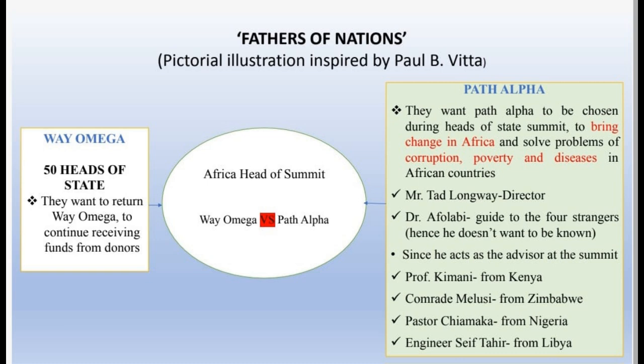Take, for instance, Comrade Medusi. If you have read the text, he helped the then Zimbabwe president before he became president. He campaigned for him, but when he won the seat, he became an enemy. He said that Medusi is not from his tribe.